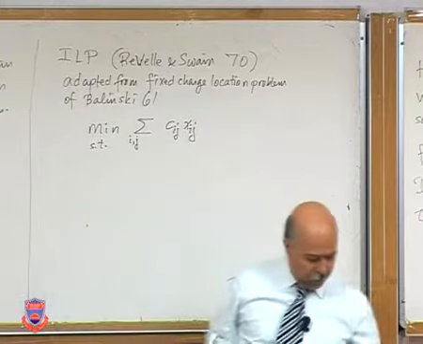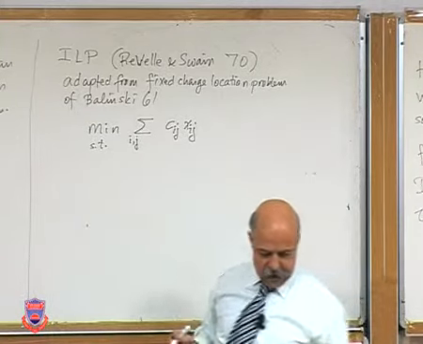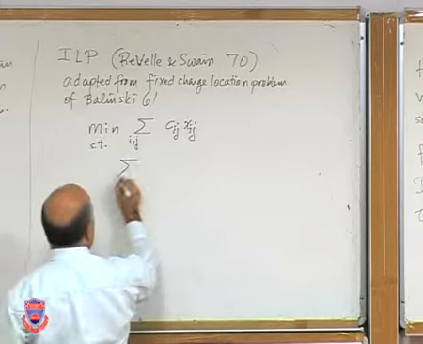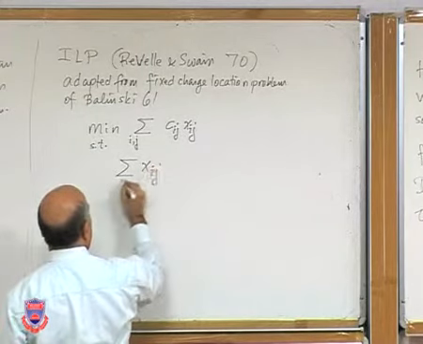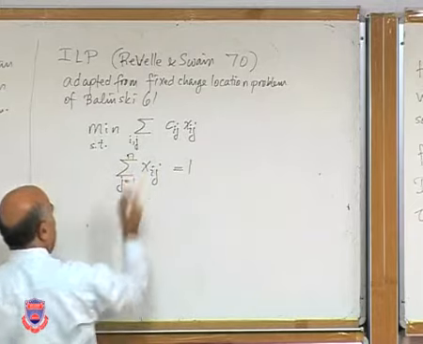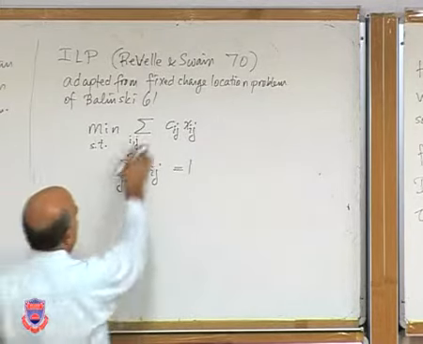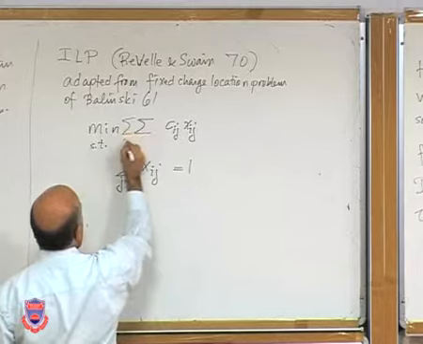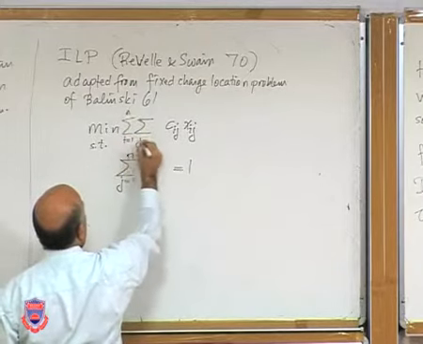we have one condition which says that summation of Xij over j, j going from 1 to n, is equal to 1. Let me do this also as a double summation, i going from 1 to n, j going from 1 to n.